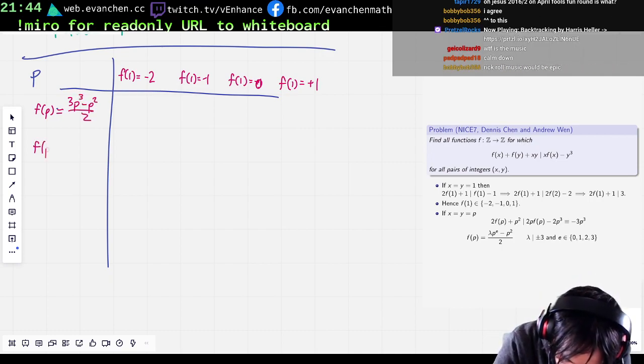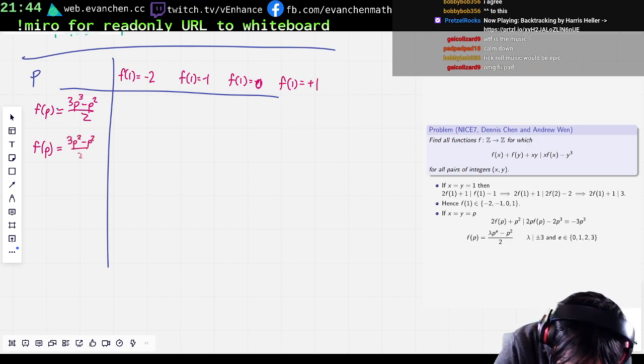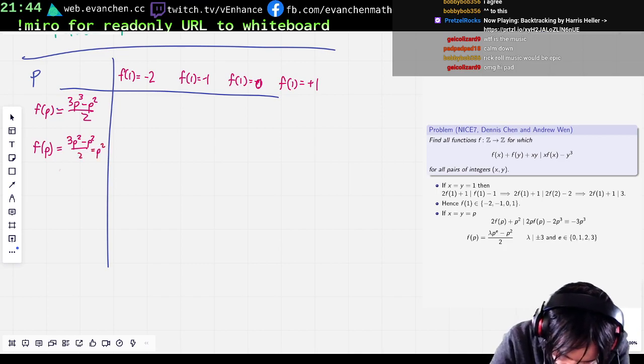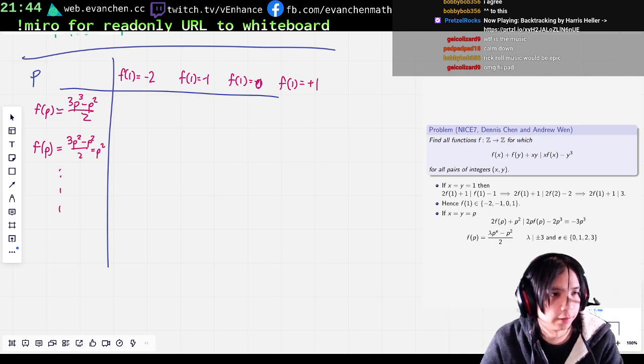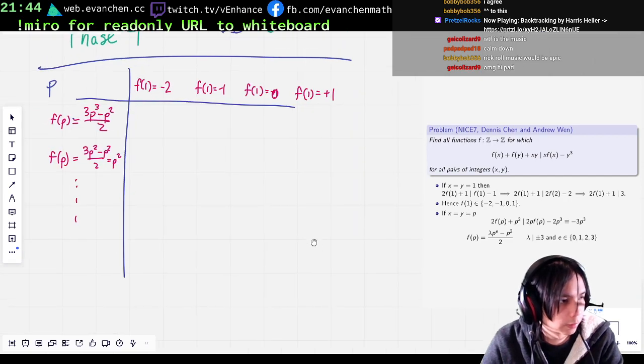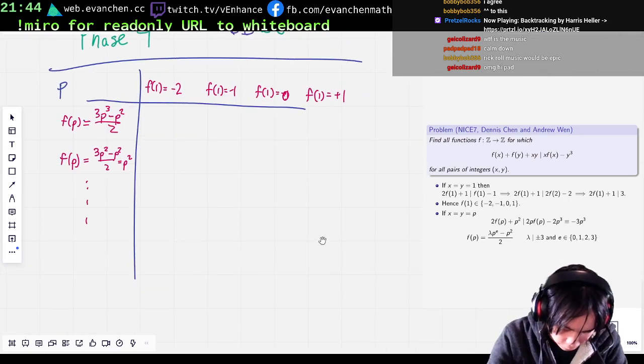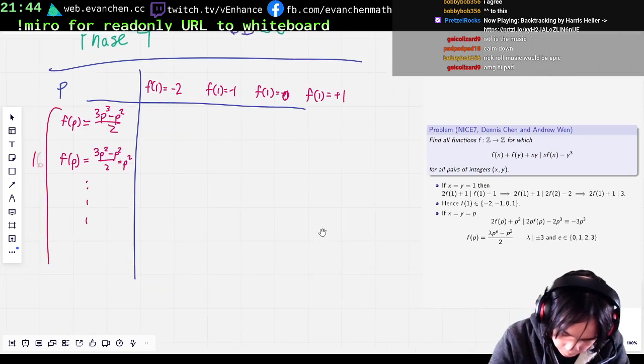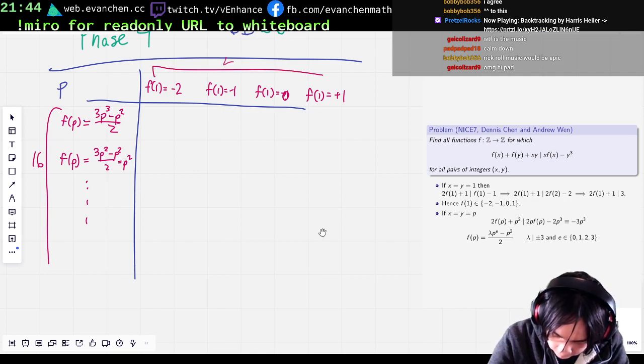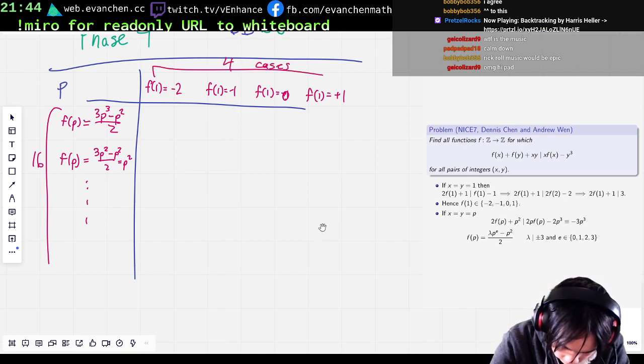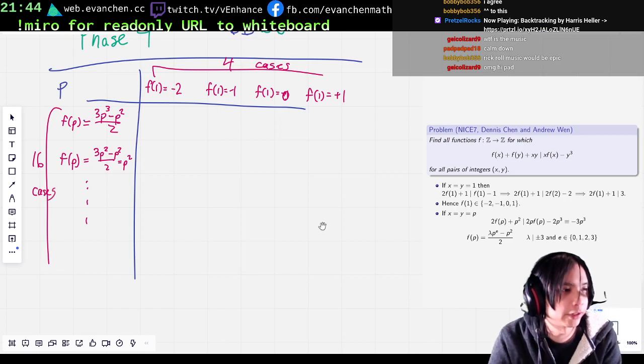F of p could be equal to 3p squared minus p squared over 2, or equal to p squared. And then so on. There are 16 entries here, so 16 cases here, and 4 cases here. So basically I have this giant 16 by 4 table.